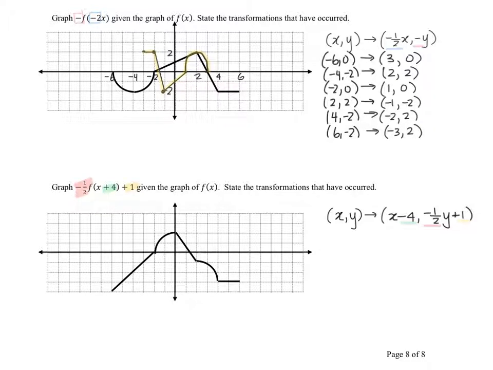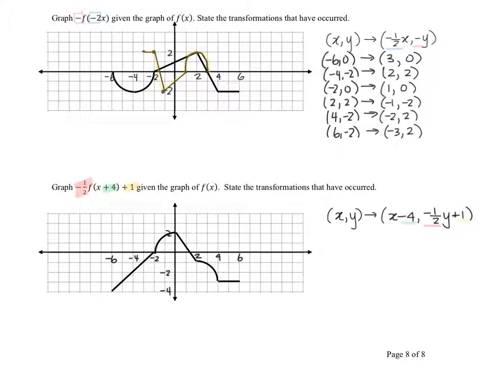Now let's figure out our base graph points. Again, to help us with that, let's just label our axes. Scale 2, 4, 6, -2, -4, -6, and -2, -4.